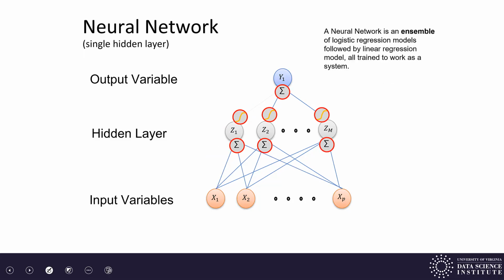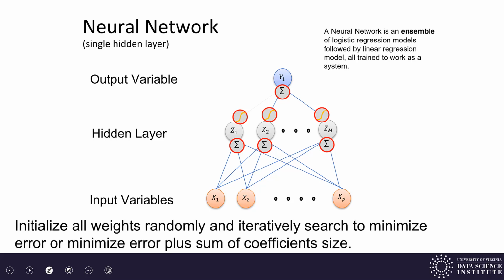And so this is a neural network. It has the form of a series of logistic regressions run next to each other, but it's trained in a different way. The method for training neural networks is very different from a lot of other things that we've talked about. What you do is you initialize all the weights.